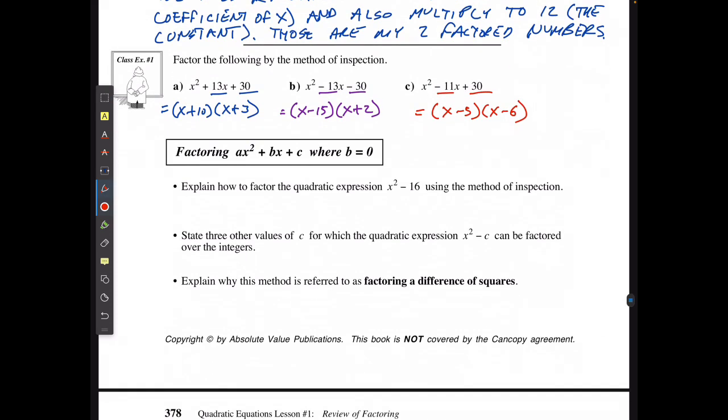If I'm factoring ax squared plus bx plus c, where b is equal to 0, or I'm missing that middle term, then if I'm factoring the quadratic expression x squared minus 16 using inspection, well, I need two numbers that multiply to -16 but add up to 0.